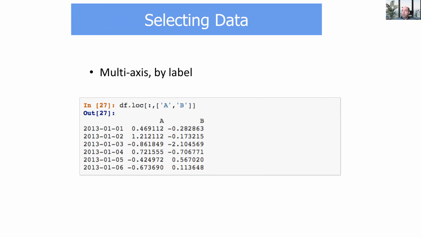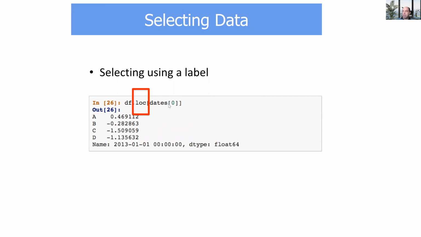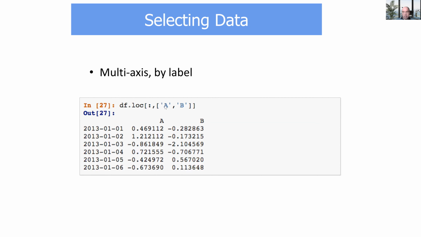If I want to use multi-axis selection by label, instead of just saying I want the one place, I want all of the data, but only for some columns.